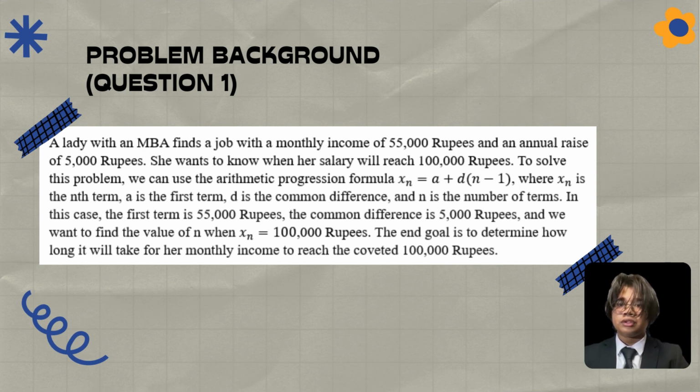The common difference is 5,000 rupees. And we want to find the value of n when xn equals 100,000 rupees. The end goal is to determine how long it will take for her monthly income to reach the target 100,000 rupees.